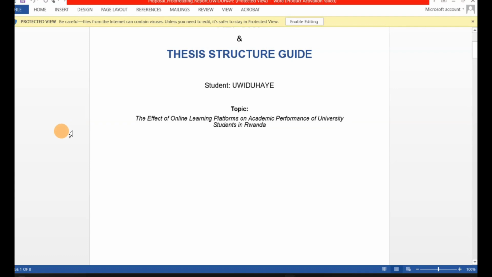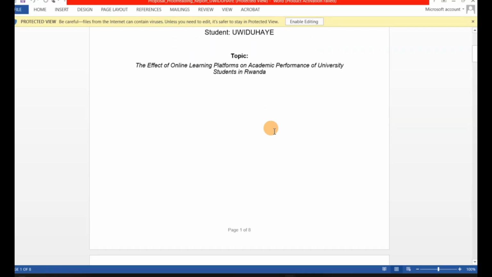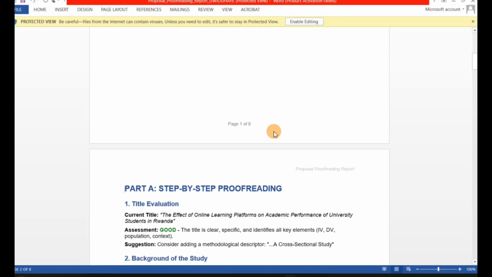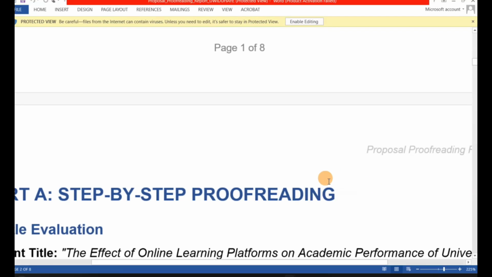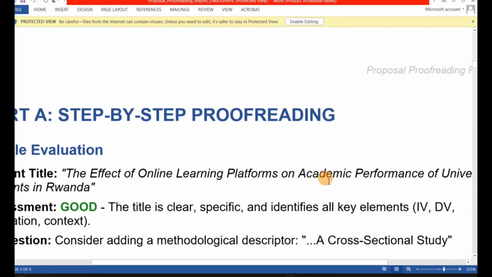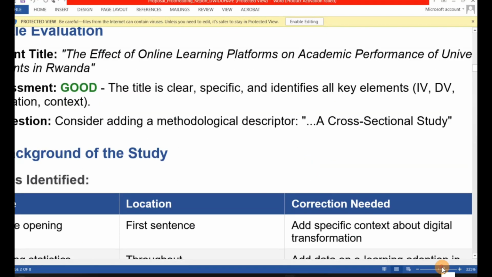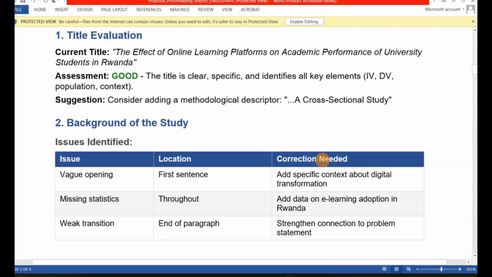Don't steal this topic. Effect of e-learning platform on academic performance at the university. Maybe all the universities, or it should be a special case study. I mean, increase the size. Okay. The current title is good.